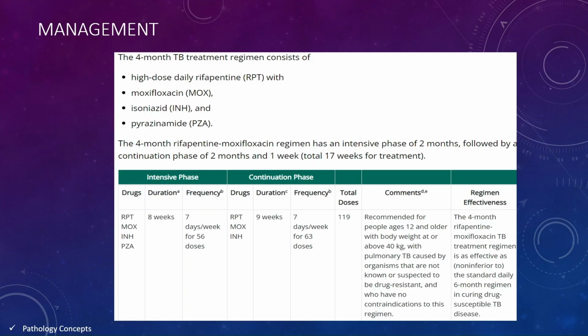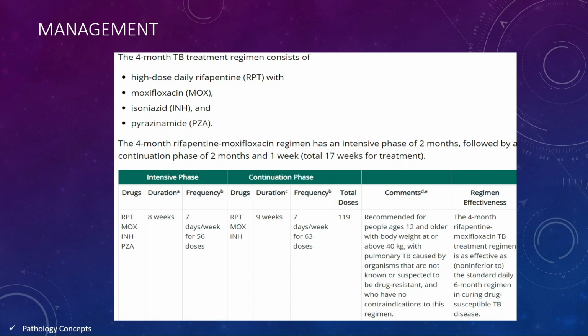Now let's learn the management of tuberculosis. The recent treatment given by WHO, the 4-month TB treatment regimen, consists of high dose daily rifampicin with moxifloxacin, isoniazid and pyrazinamide.